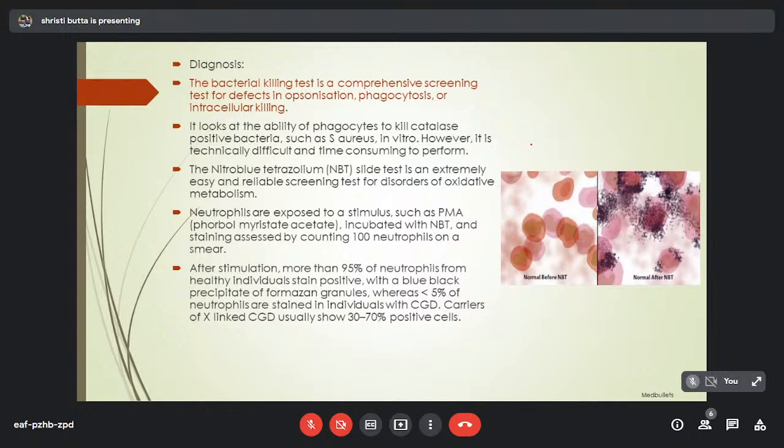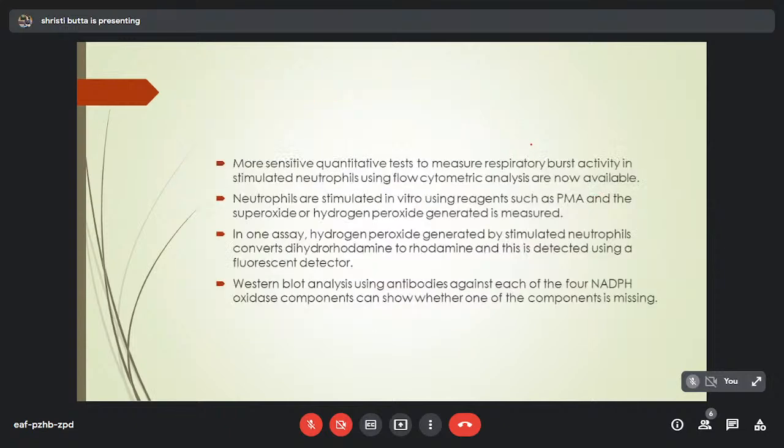Whereas when less than 5% of neutrophils stain with this, it happens in conditions like chronic granulomatous disease. Carriers of X-linked chronic granulomatous disease usually show a 30 to 70% positive stain. More sensitive quantitative tests have also come up. They use flow cytometric analysis to determine this nitro-blue tetrazolium activity in the neutrophil.